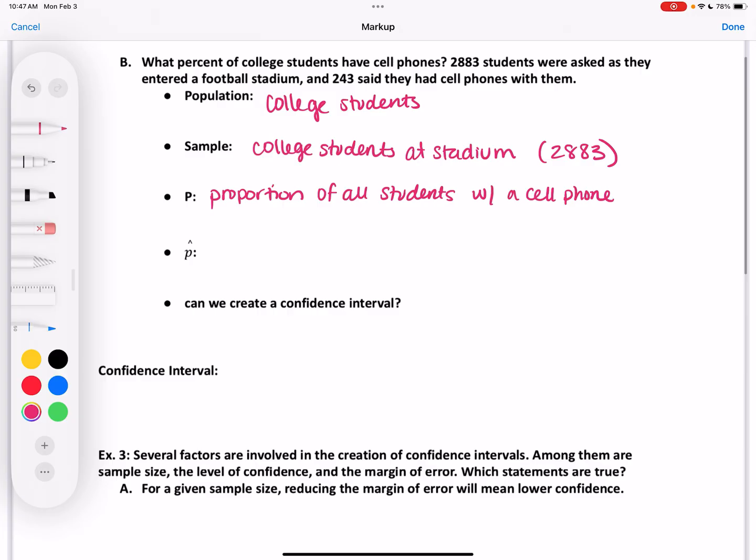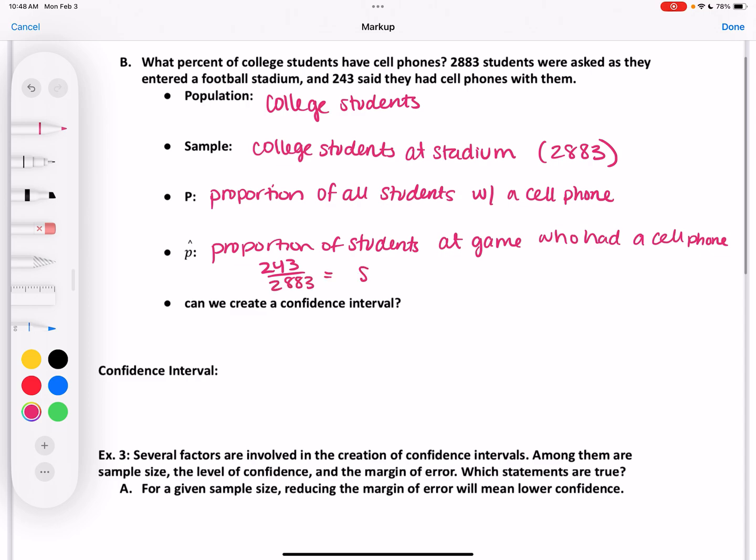So the proportion of students at the game who had a cell phone. And we could figure that number out. It would just be 243 out of the 2883, which is going to end up being 8.4%. So 8.4% of students had a phone at the game.